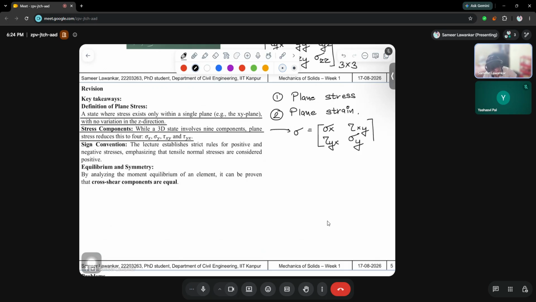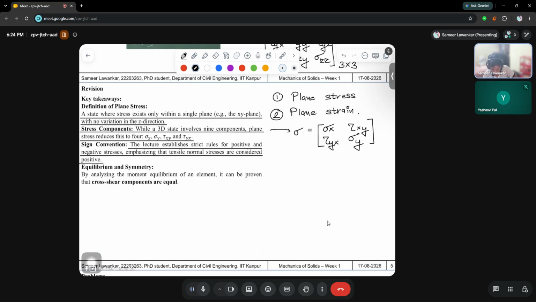Okay, fine. Next is regarding the sign conventions. The sign convention will be much clearer when we solve some problems, so let's not look much forward to it for now. It basically tells us that we will emphasize negative and positive stresses, emphasizing that tensile normal stresses are considered positive.